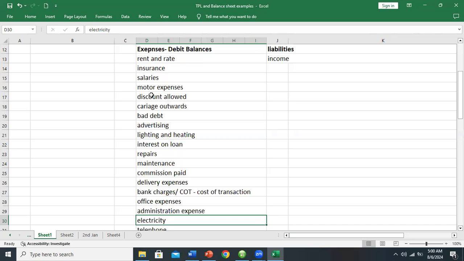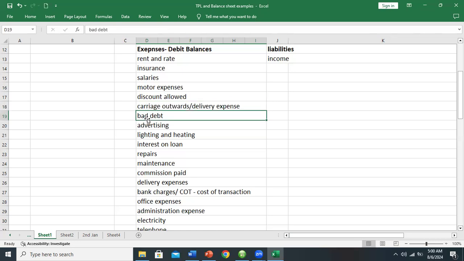So you have rent and rates, insurance, salaries, motor expenses, discount allowed. The opposite of discount received, discount allowed is an expense. Carriage outwards is what you sometimes refer to as delivery expense. When you are delivering your product to your customers, the cost of transportation is carriage outwards.